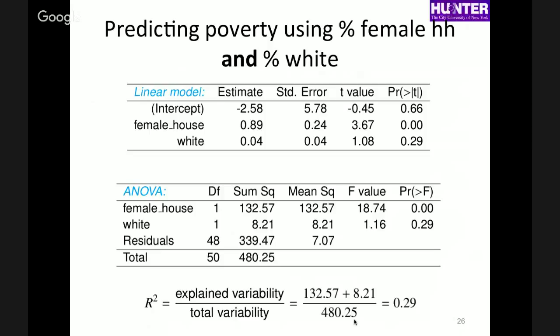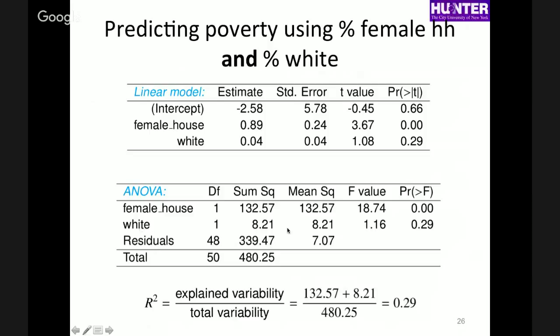Let's see. Okay, I showed you the ANOVA table for just one variable. That's this first thing. Below, I'm showing you another variance table for adding a second term to the model, which is the variable called white, the fraction of people who are self-reported white.